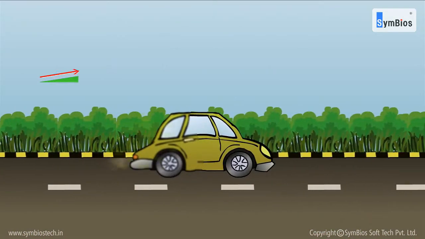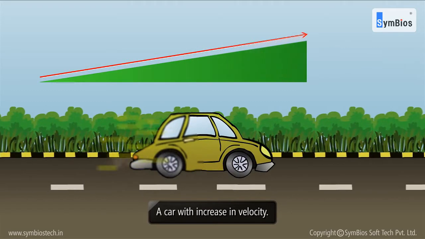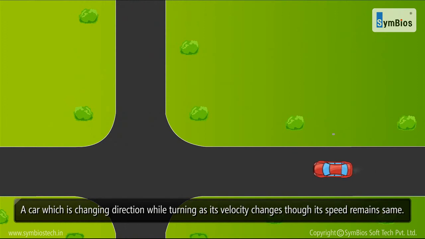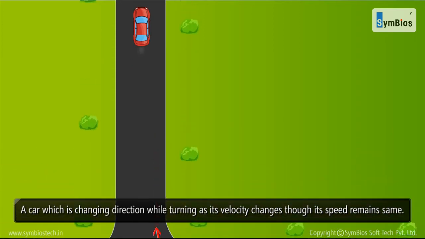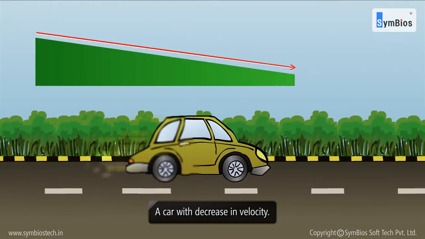Examples of acceleration are a car with an increase in velocity, a car which is changing direction while turning as its velocity changes though its speed remains the same, and a car with a decrease in velocity.